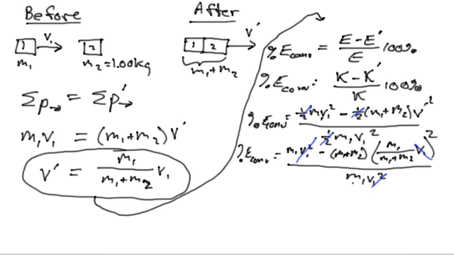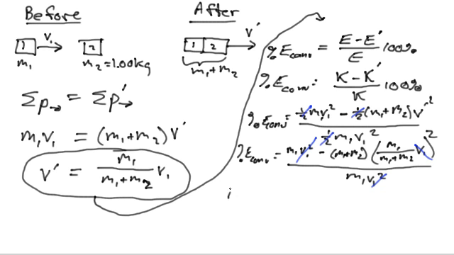This m1 plus m2 cancels out one of these. It's in the denominator, but it's squared, so I just get rid of one of them. And if I divide m1 into both terms, I get a 1 there, and I'll cancel out one of those.